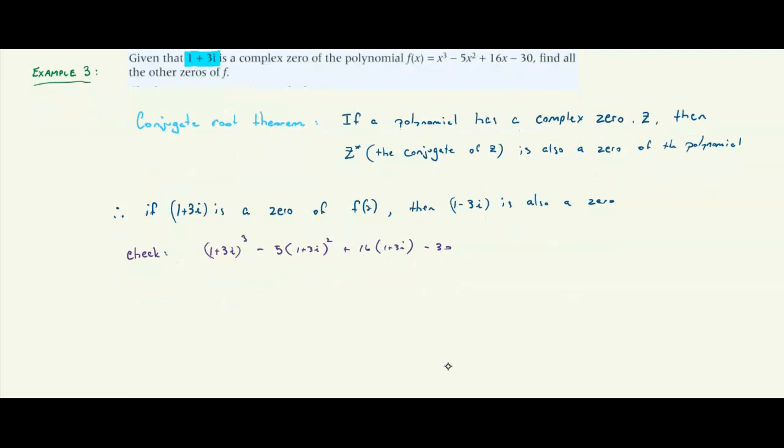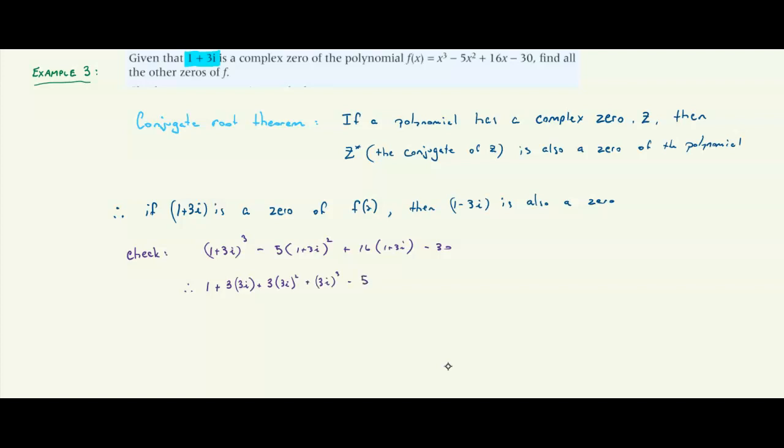Okay, so this is a cubic, so I'm going to use the binomial theorem to help me out with this one. I'm going to have 1, then 3 by 3i, then 3 by 3i squared, then 3i cubed.